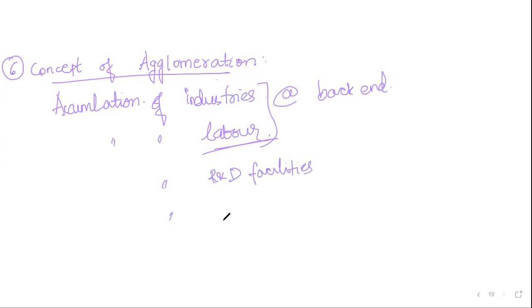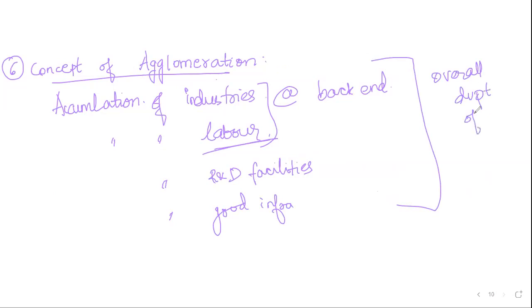It will lead to accumulation of good infrastructure in that region. All of them will lead to the overall development of that particular region because of the concept of growth pole.